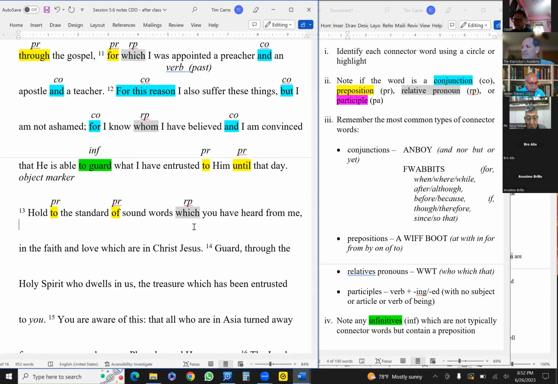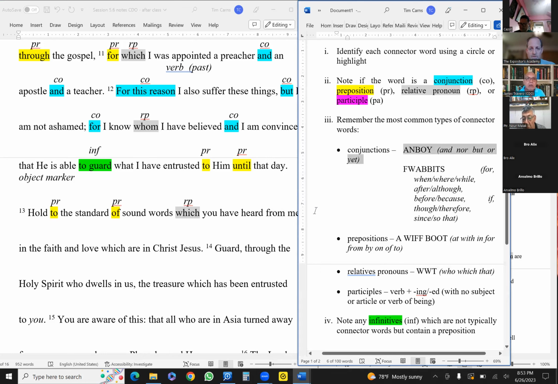Which you have heard from. Yes. What kind of connector word is from? From me. Is it a conjunction? Well, okay. Remember, if it's a conjunction, it would have to be either coordinating, and it's not a coordinating one, so it's not one of those.